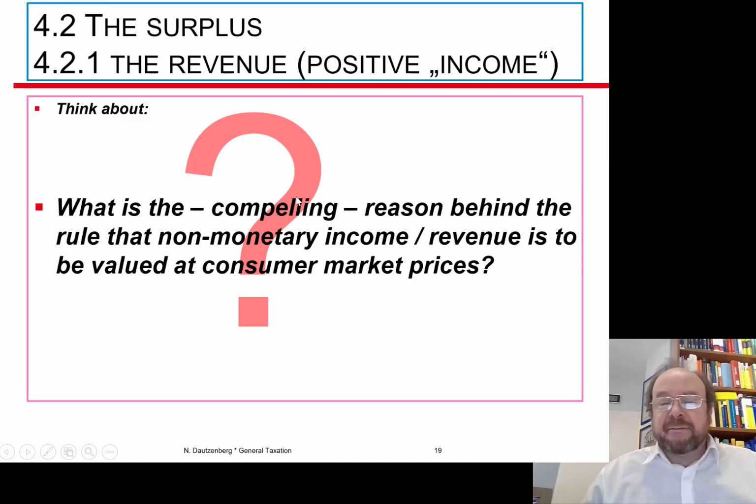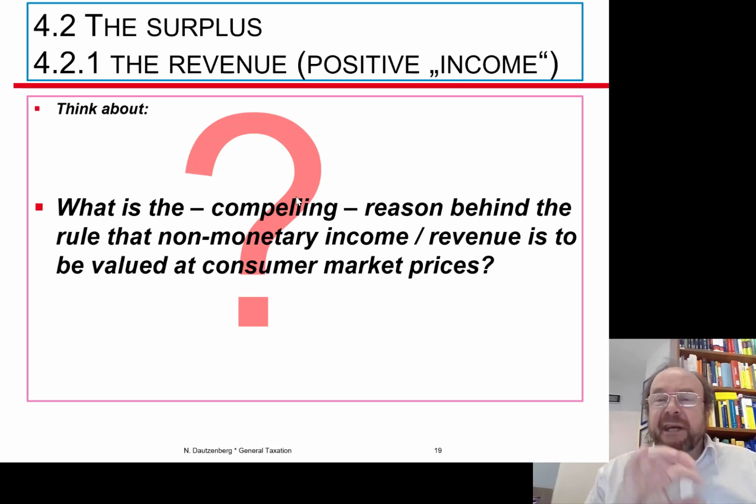That's relatively simple. And the reason naturally is if you make a deviation, a difference between the market value and the tax value, then it would have different consequences to get the cash and then spend the cash in acquiring that good or getting that good directly.